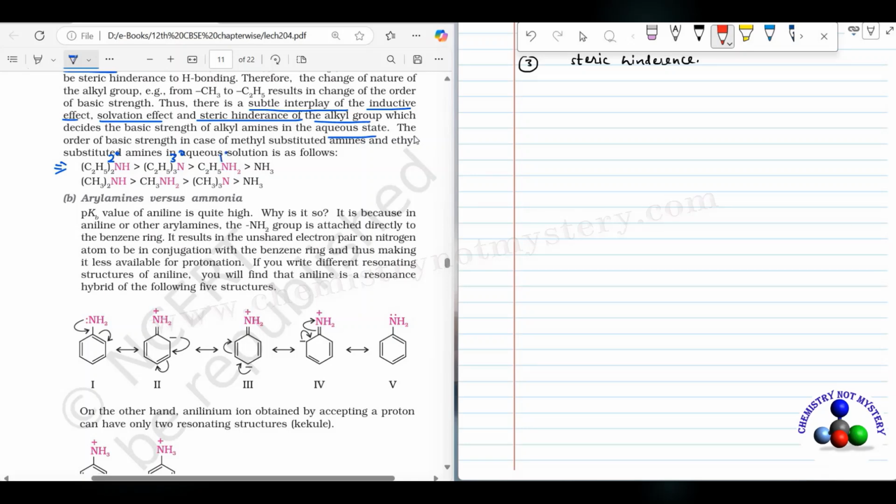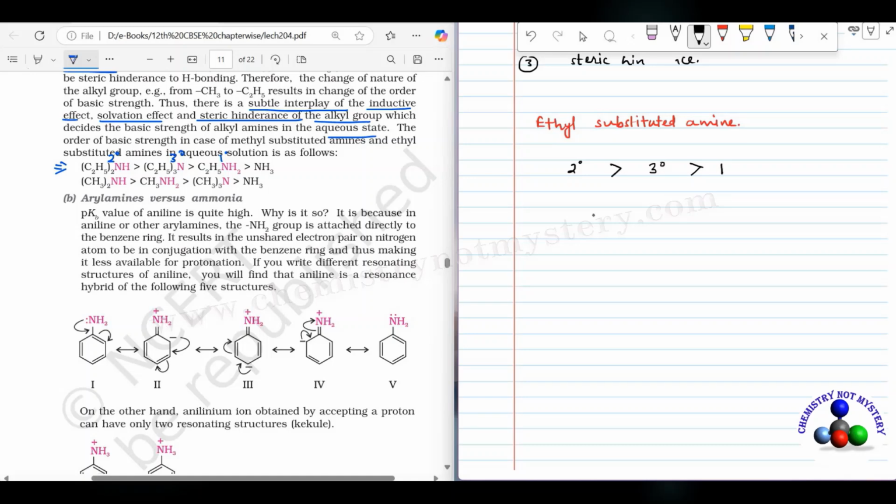So let's write down the order of basic strength in the case of ethyl substituted amine. Here secondary amine is more basic than tertiary amine.